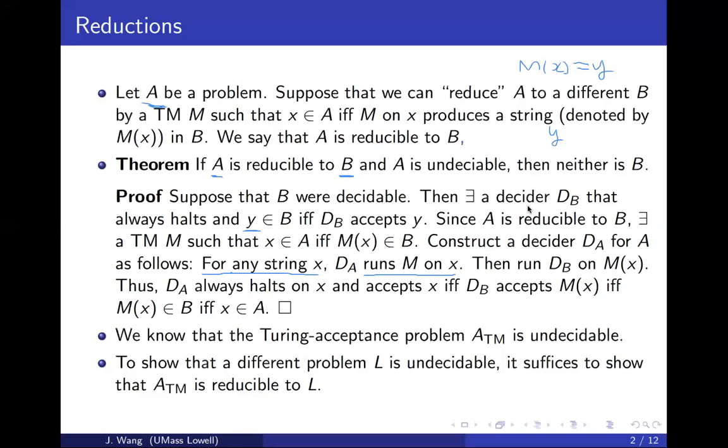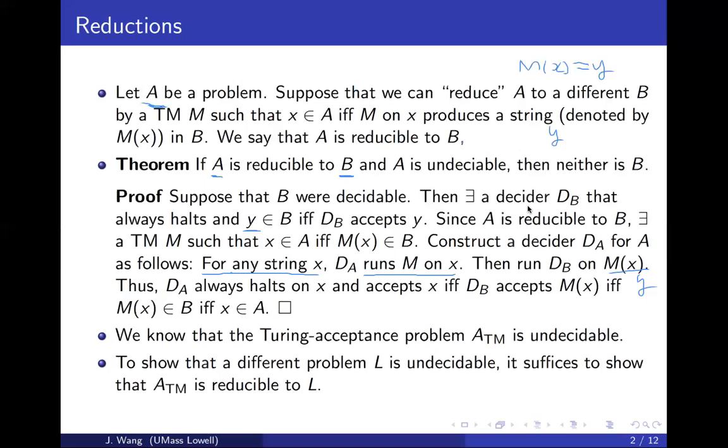Because this M produces a Y, I want to use D sub B to determine whether D sub B accepts Y or not.